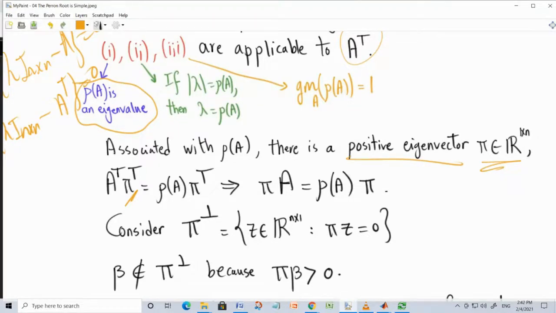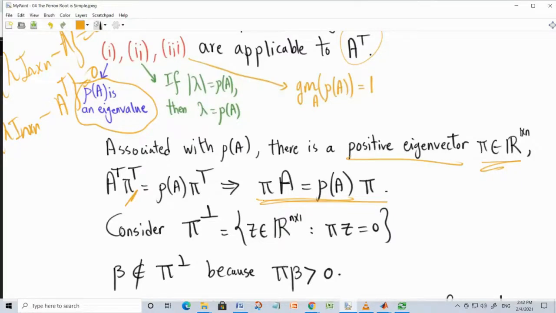So rather than doing things with A transpose, just transpose both sides and you get this. Sometimes, rather than working with the transpose, we work with the so-called left eigenvectors. It's a matter of taste.